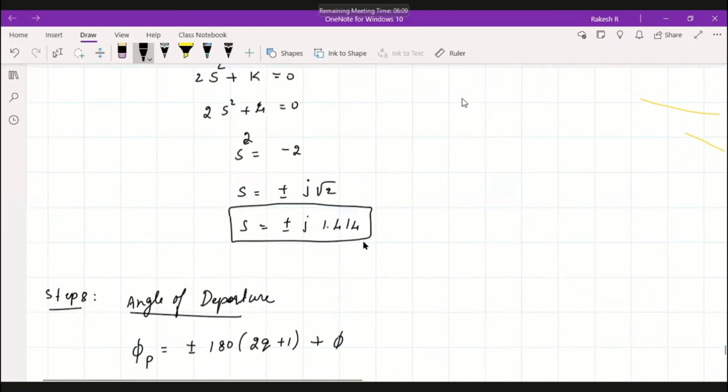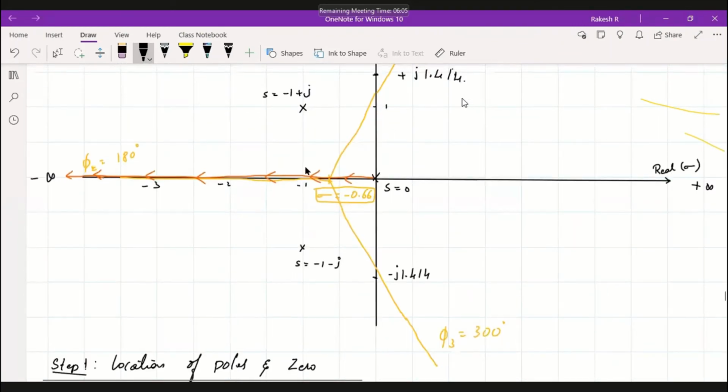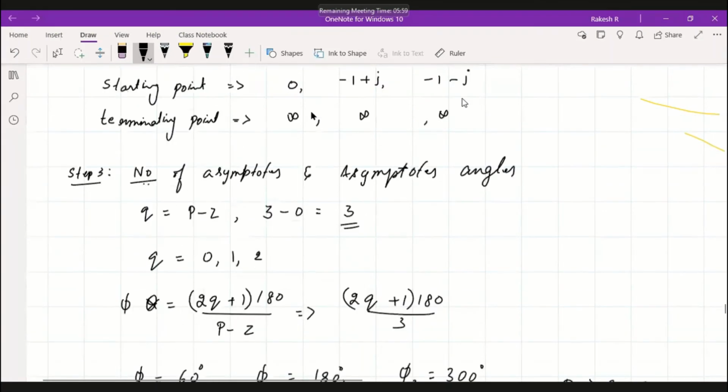Now, considering this, I'll write this complete thing. First, we shall find out the angle of departure for s is equals to minus 1 plus j. I'll write it here.